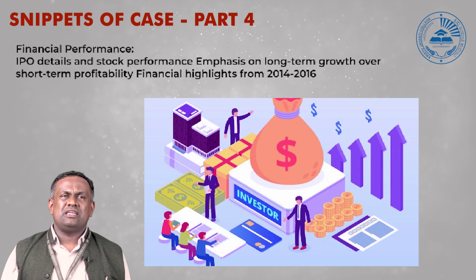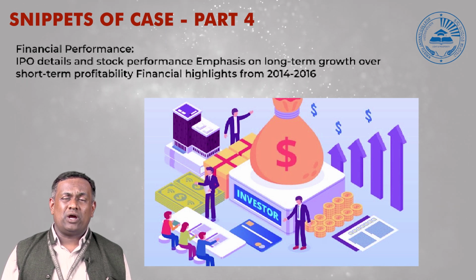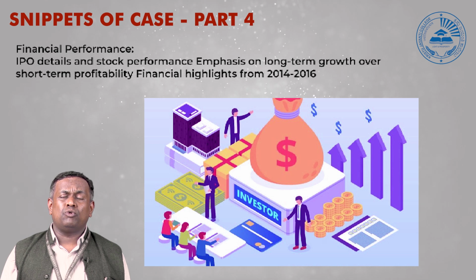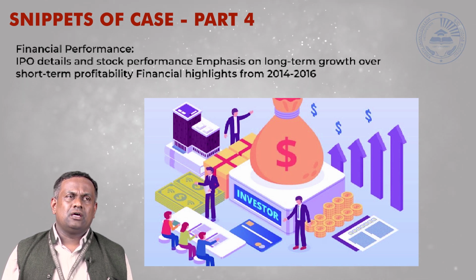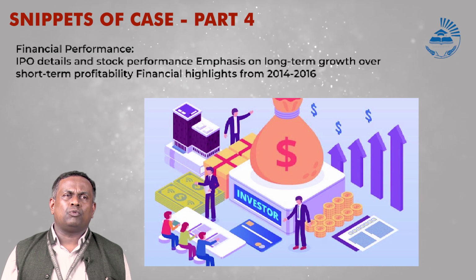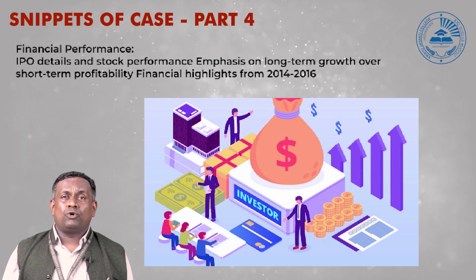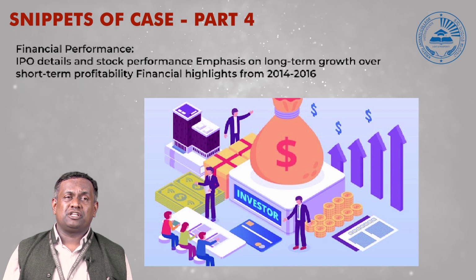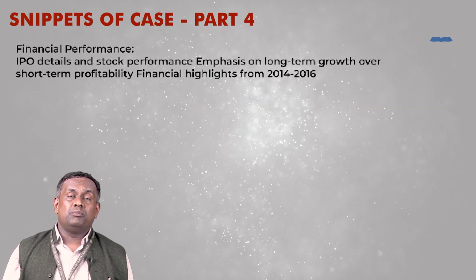So the focus area of Amazon is being customer centric. The vision is to be the earth's most customer centric company. This is their motto, this is their mission, this is their vision, which they have embedded in their business operations.